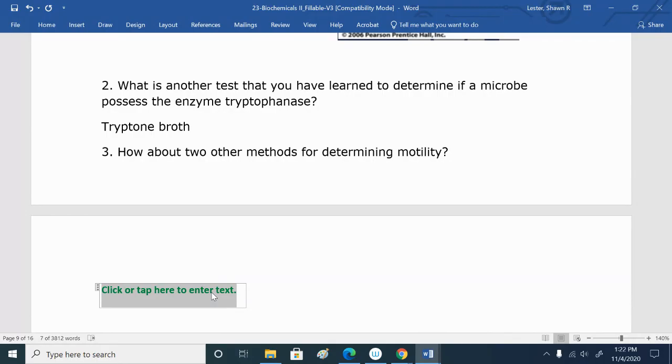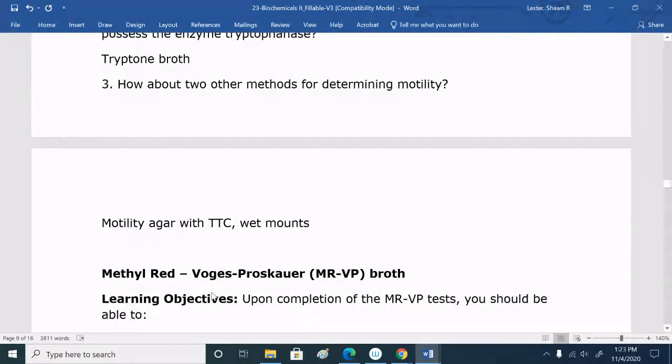The thing that turns red. Right, so we used motility agar with TTC, and wet mounts, right? Actual slides of the live bacteria to observe them to see if they were motile or not. So any questions about the SIM?